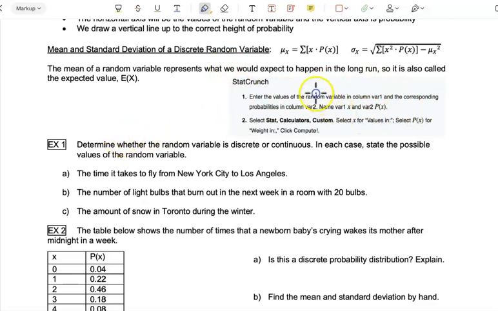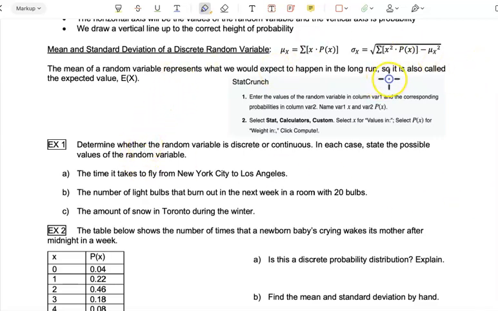All right, so I've got the StatCrunch directions here, and I will show you that later in the examples as well. The other thing that's true about the mean of a discrete random variable is that the mean also represents what we would expect to happen in the long run of the values of this random variable.